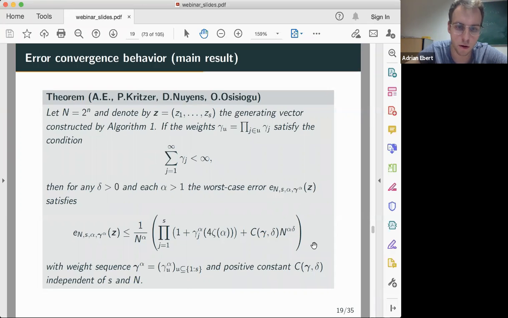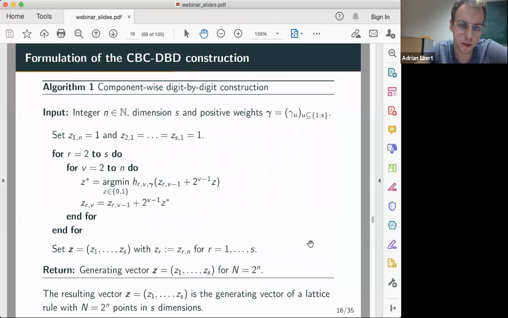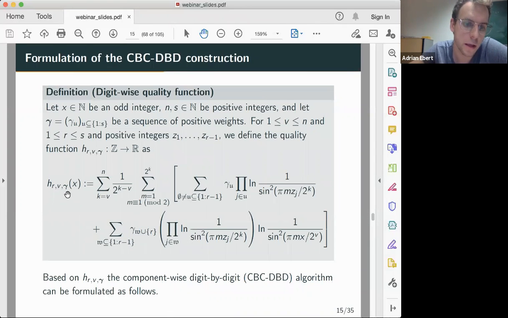And again, the constant C is independent of the dimension and the number of points n. That is in a sense the best result we can hope for, because we obtain basically the optimal convergence rate of the worst case error in the considered space. One detail that I should mention is that if you look back to the definition of our quality function, you see that this quality function h does not depend on the smoothness parameter alpha in any way.